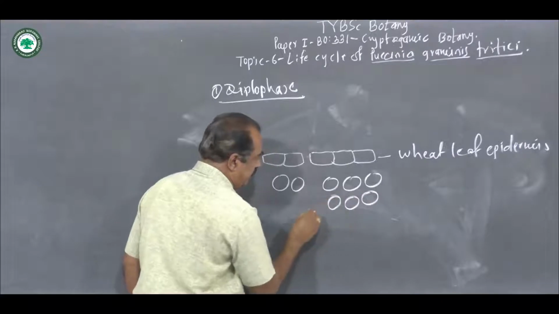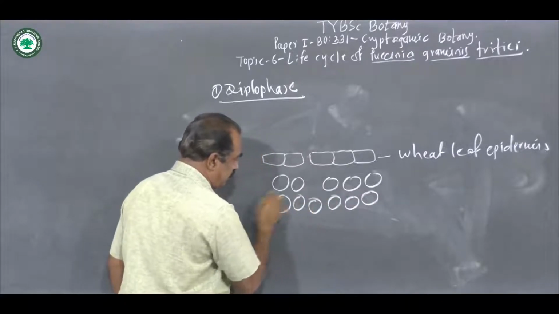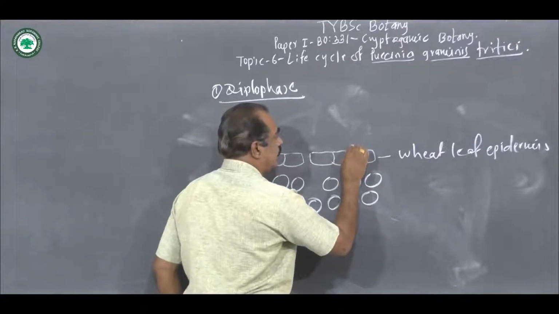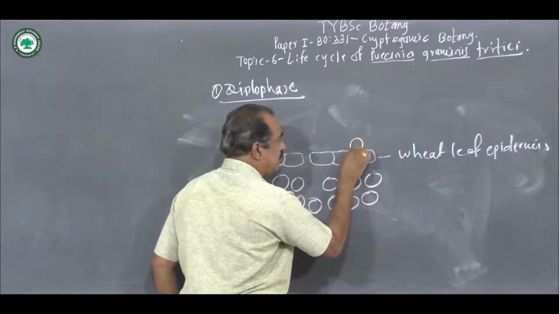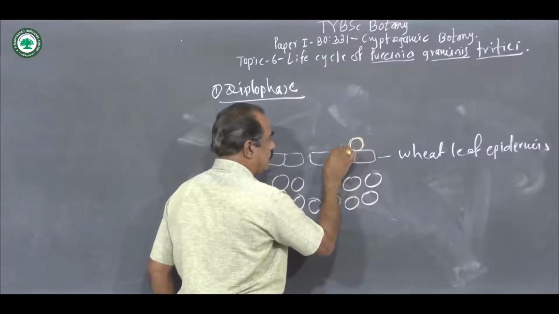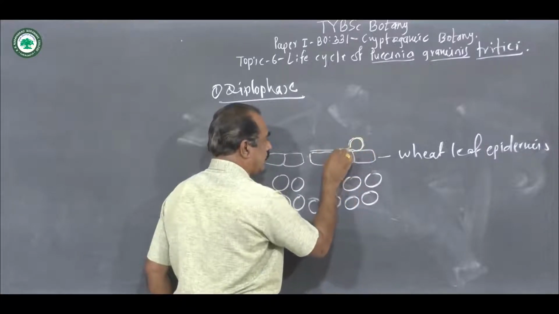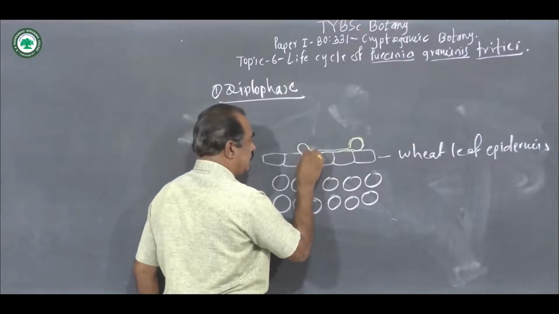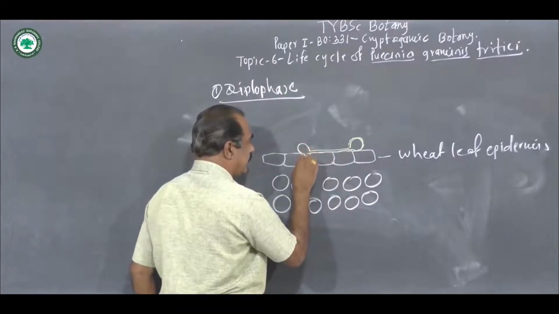This is the mesophyll tissue. And this is the germinating aecidiospore. This is the appressorium.